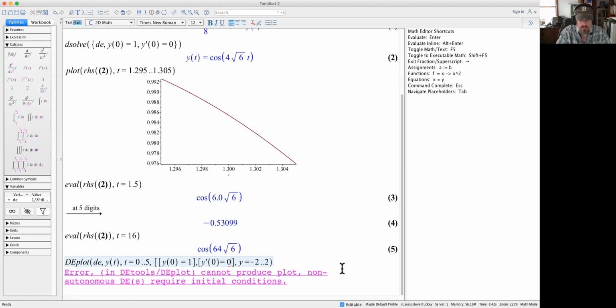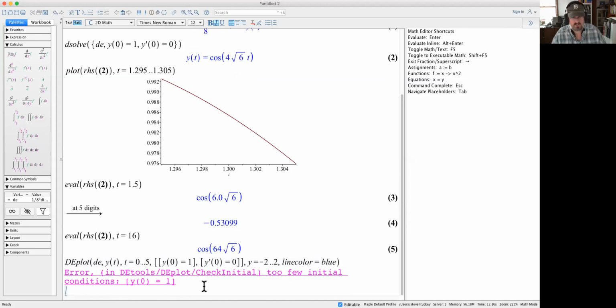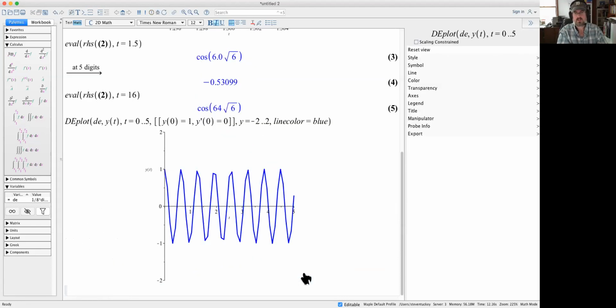If I include those initial conditions, let me make sure the delimiters are correct. And of course, I have to tell Maple I don't want that ugly color. I want the line color to be blue. It says, oh, too few initial conditions. I think it's because I need to have them together. Sorry, apologies. They have to be together because they're technically one set of initial conditions. Look at what Maple gives me.